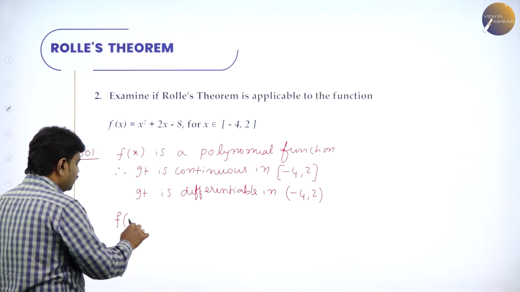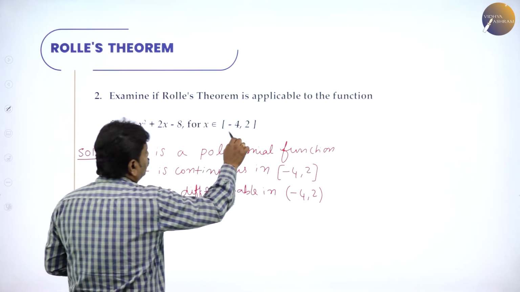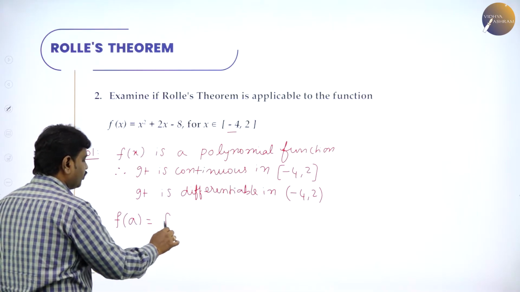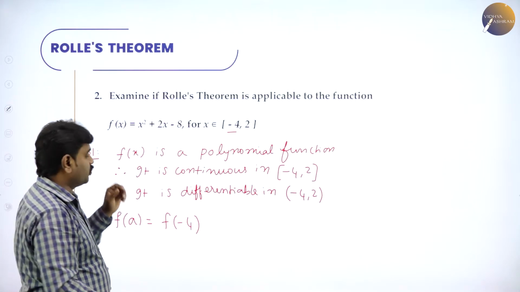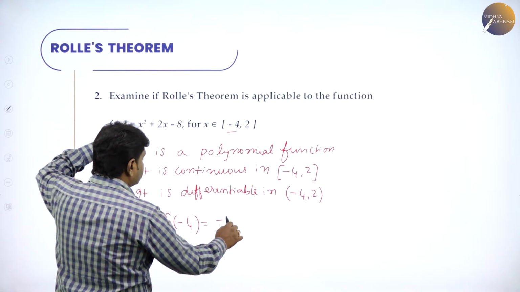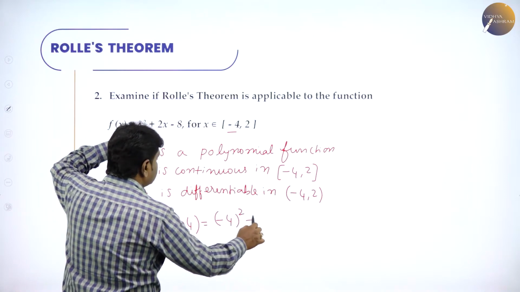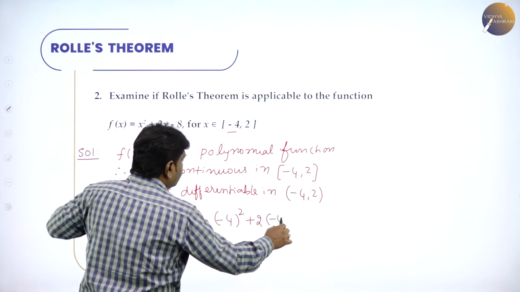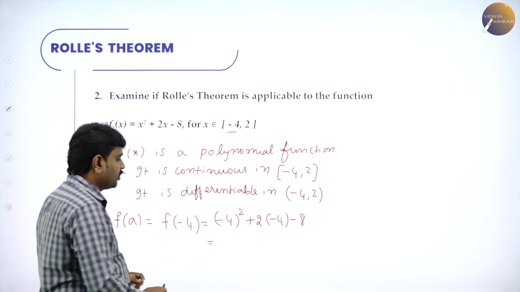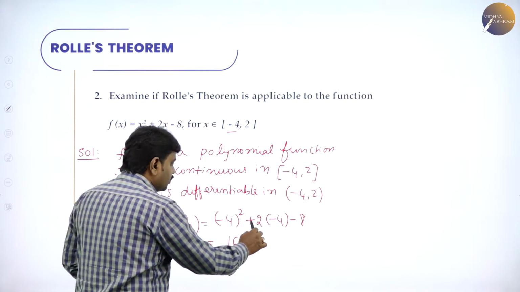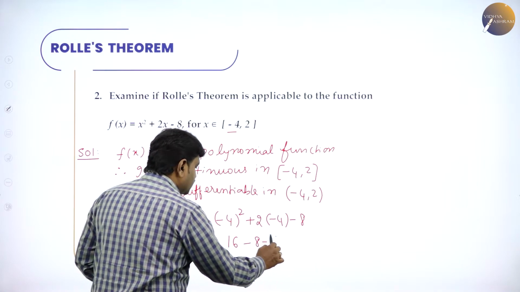And then find f of a, which means the lower limit. What is the lower limit? Minus 4. So find f of minus 4. F of minus 4 means in the function, in the place of x, put minus 4. So it will become minus 4 the whole square plus 2 into minus 4 minus 8. That is 16, minus 8 minus 8.